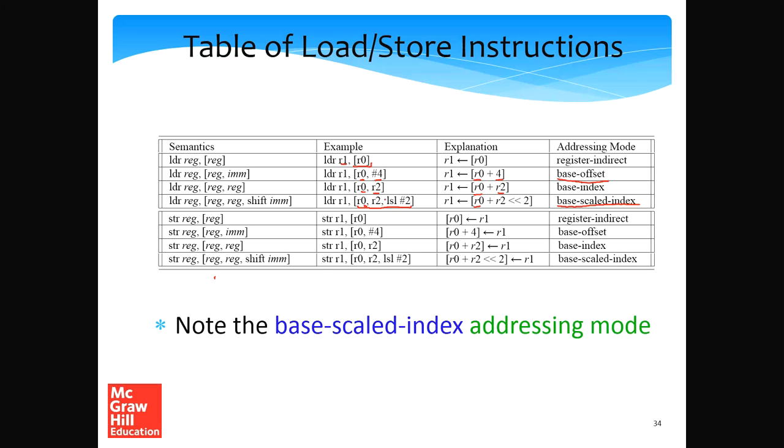All 4 of those shifts are allowed. In this particular case we have given LSL as an example, taking R2 and shifting it to the left by 2 positions. So R0 is the base, R2 is the index, and we are scaling the index, which means multiplying the index by 4, the same as left shifting it by 2 positions.